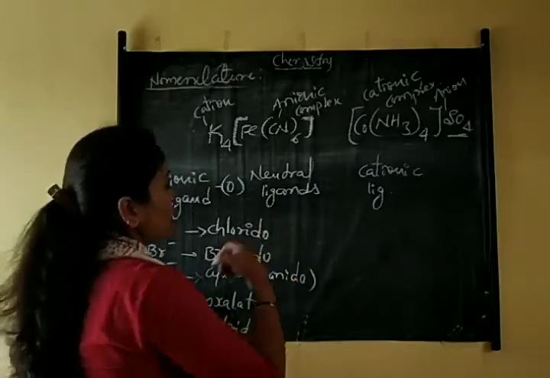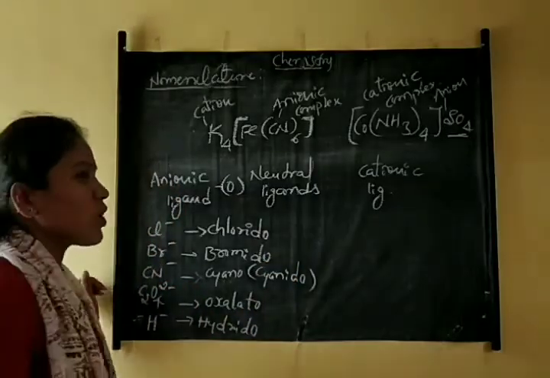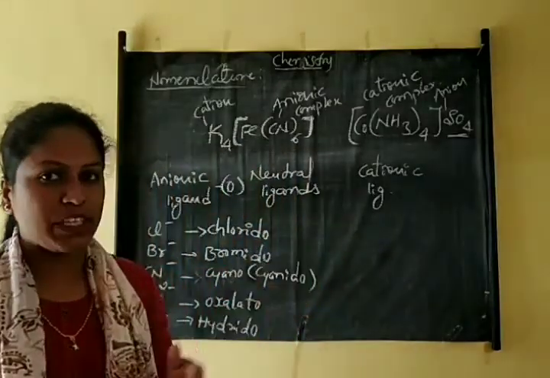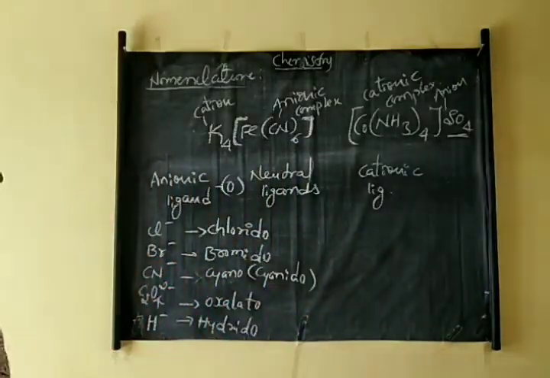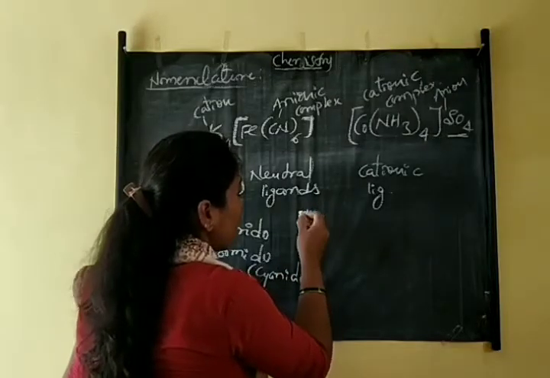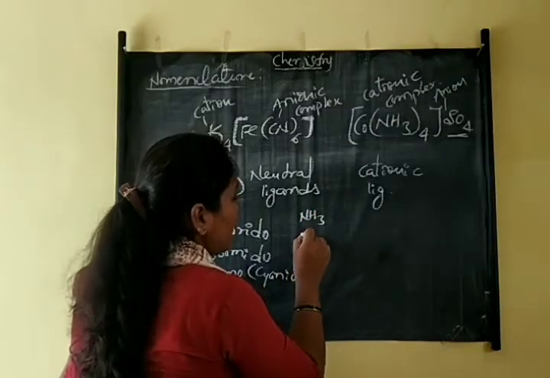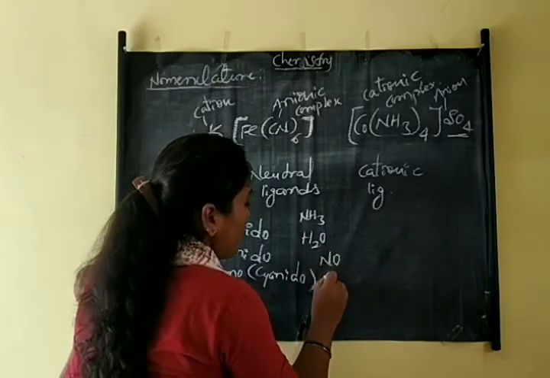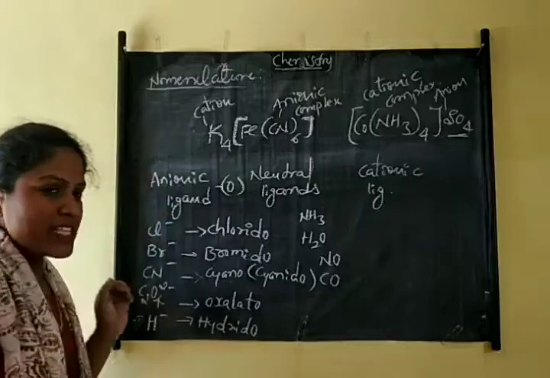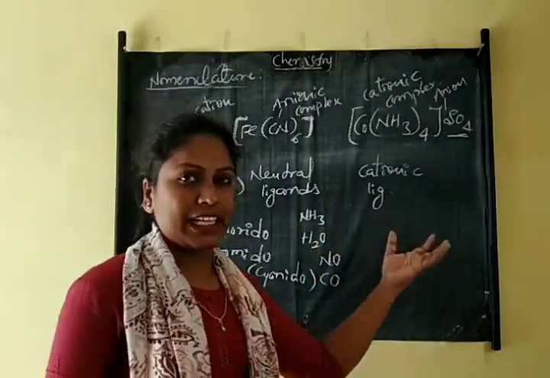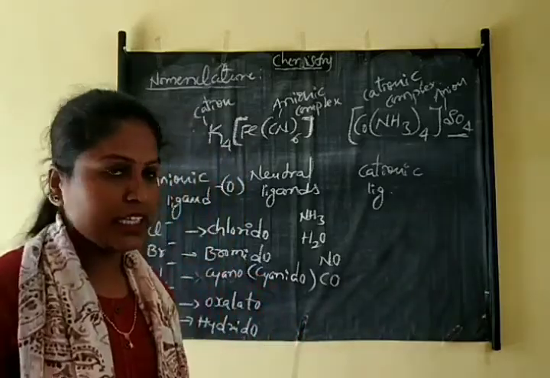And next, neutral ligands. The neutral ligands and cationic ligands are named the same as the element name except some, that is ammonia, H2O, NO and CO. Except these four ligands, all the neutral and cationic ligands are named as that of the element name.